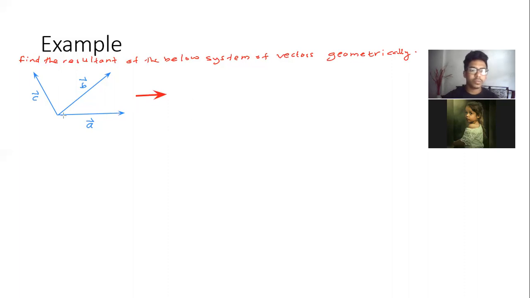So I take this first vector A here, and I take the vector B here.